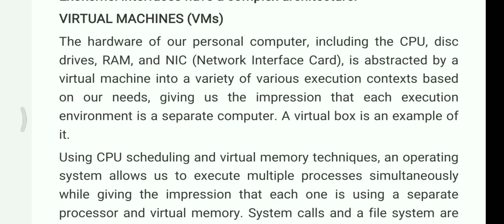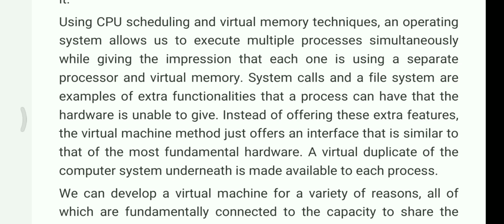Then we will see about the other points of virtual machines, short for VMs. We can develop a virtual machine for a variety of reasons, all of which are fundamentally connected to the capacity to share the resources.